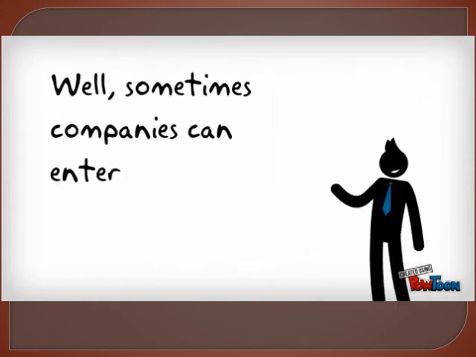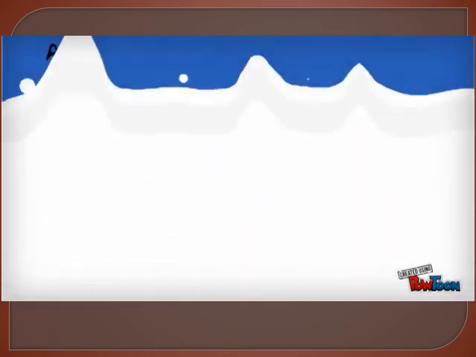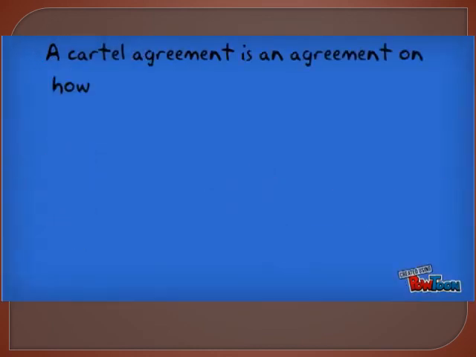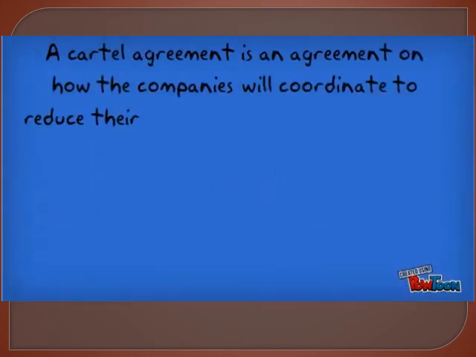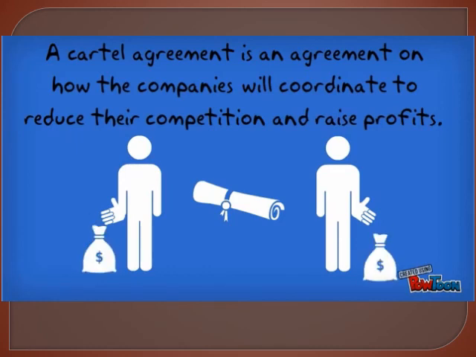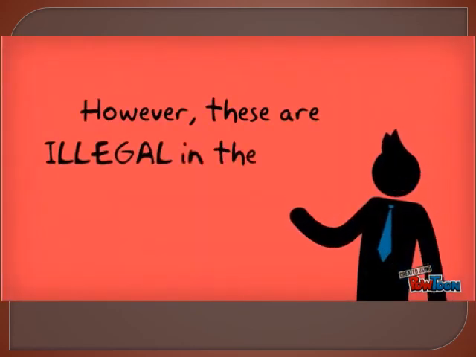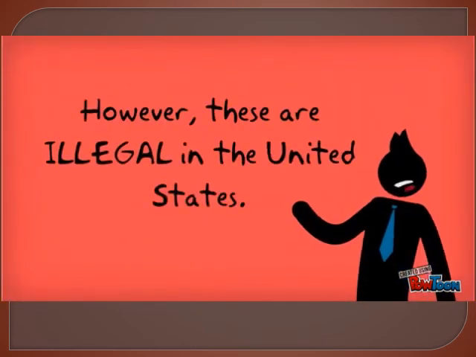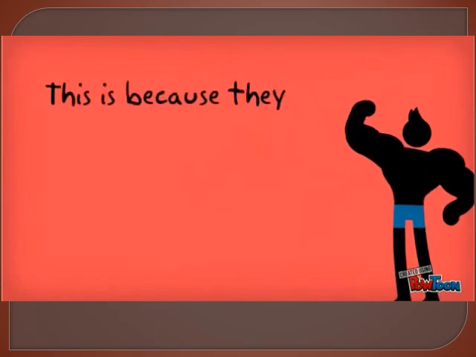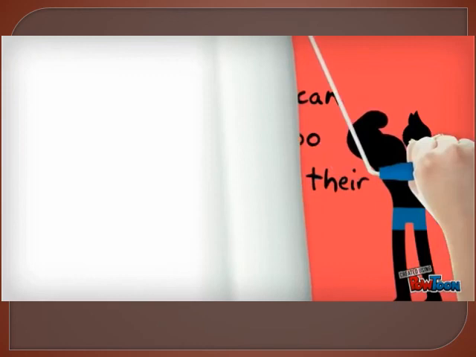Well, sometimes companies can enter into a cartel agreement. A cartel agreement is an agreement on how the companies will coordinate to reduce their competition and raise their profits. That way, everybody wins, except for the consumers. However, these are illegal in the United States. This is because they can make companies too powerful by reducing their competition.